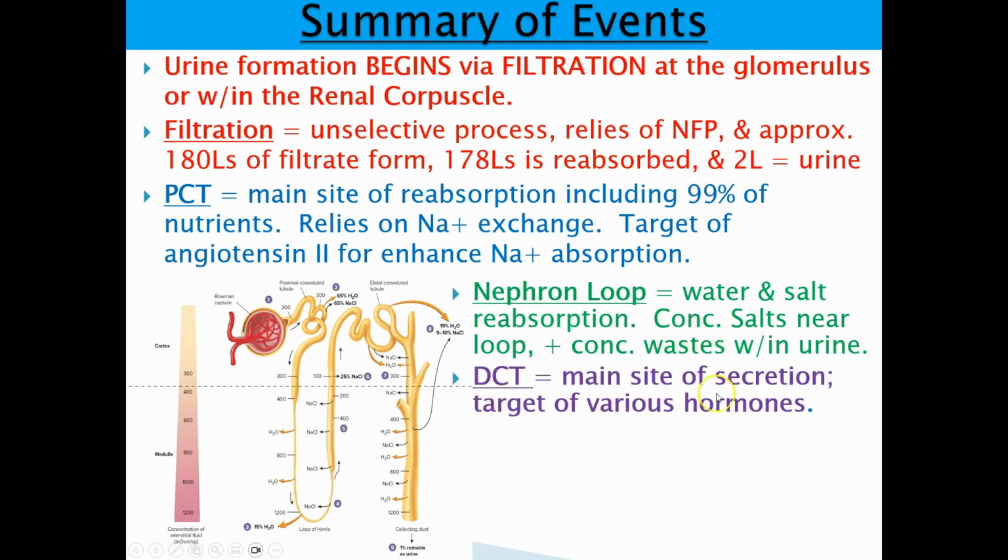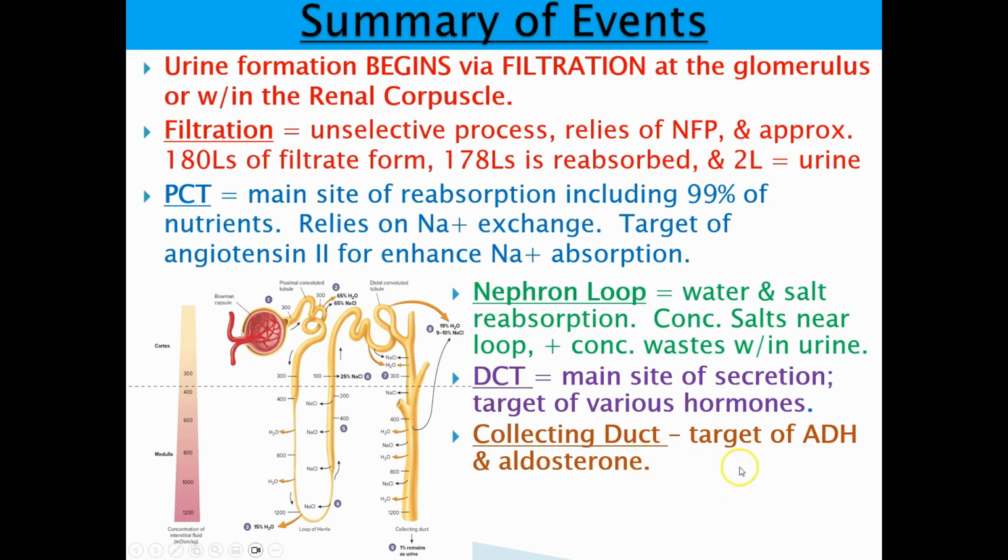Then we get to the DCT, that's the main site of secretion, and that secretion is going to happen by the various hormones that we've already discussed, but primarily ADH, aldosterone, and then, of course, we've talked about calcitonin and PTH. So don't forget, calcium regulation happens at the DCT. Once we reach the collecting duct, it's strictly the ADH and the aldosterone, but don't forget natriuretic peptides.